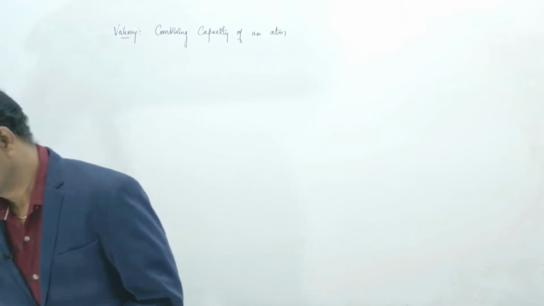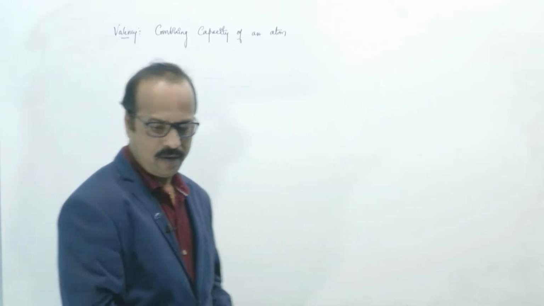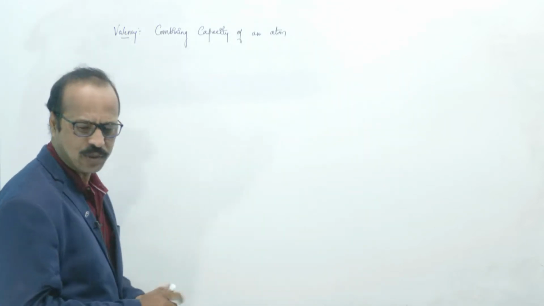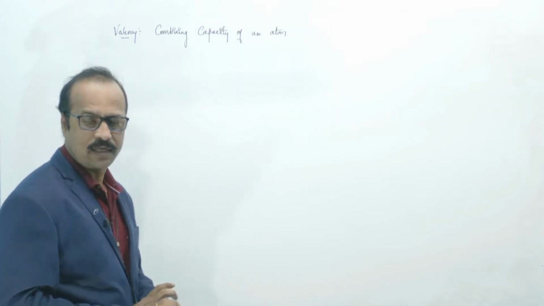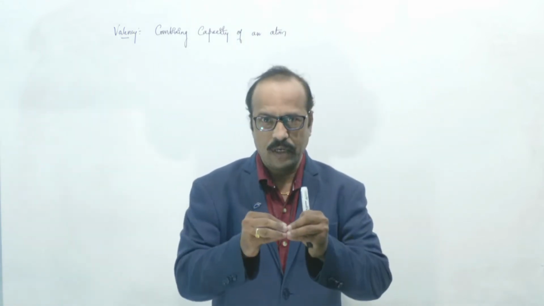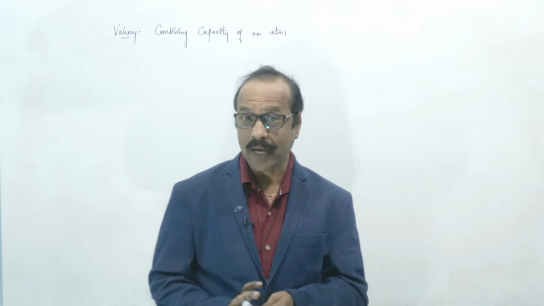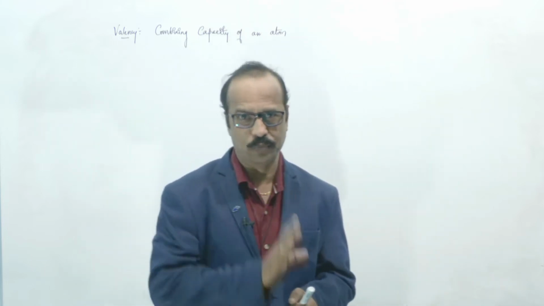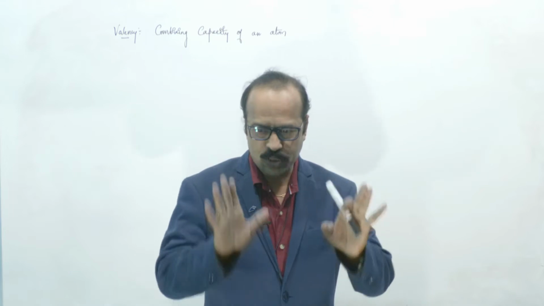Very quickly I'll write a few elements' valencies, and today we'll discuss how to make the formulas of binary compounds. Binary means only two: compounds formed from only two elements.